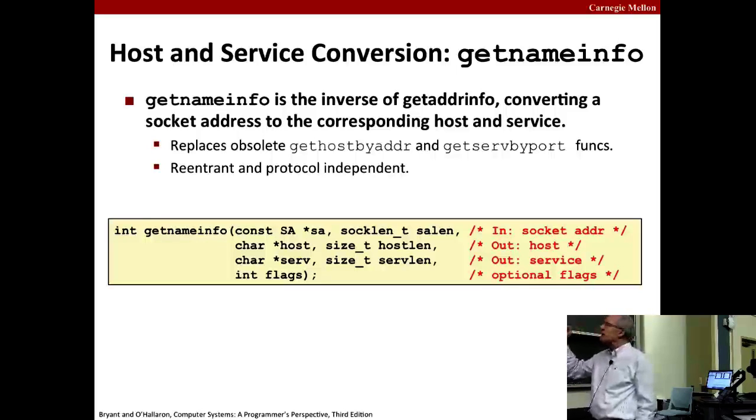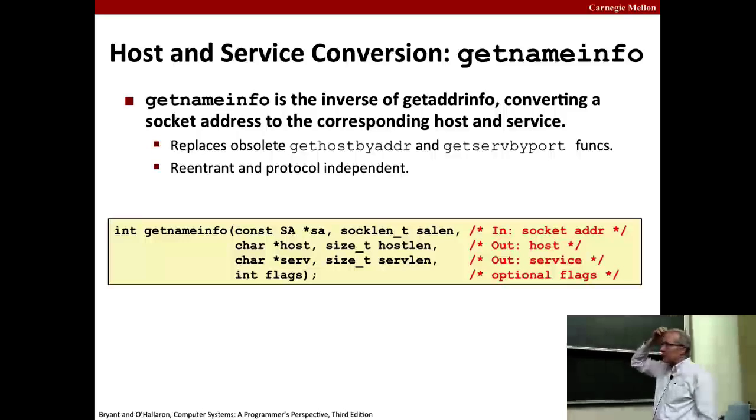Remember, for this lecture, and I think in the book in a few places, we've created a typedef to alias it, so we don't have to say struct sockaddr all over the place. But that's what the SA is. And it will provide back information about that address. So if you're passing in a 32-bit IP address, you can get it to return either the dotted decimal version of that, or to do the DNS lookup and have it come back with the domain name for that.